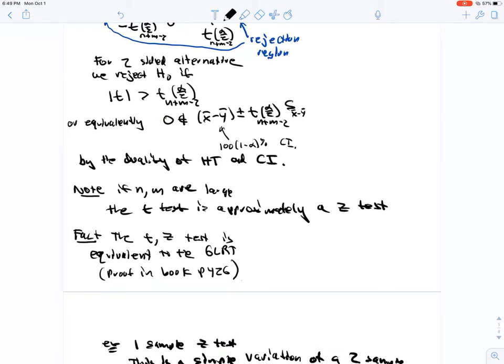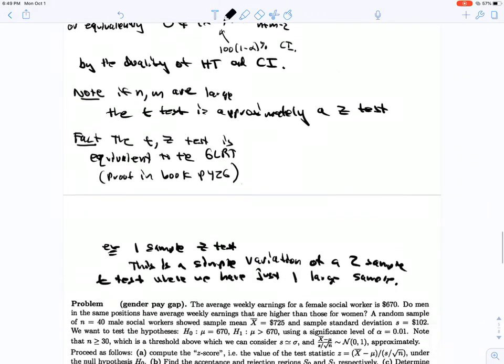They actually are equivalent to a generalized linear ratio test. I'm not going to prove that, but it's in your book, and you should take a look at page 426 to see where the z and t test came from. So it's just coming from a generalized linear ratio test from chapter 9.